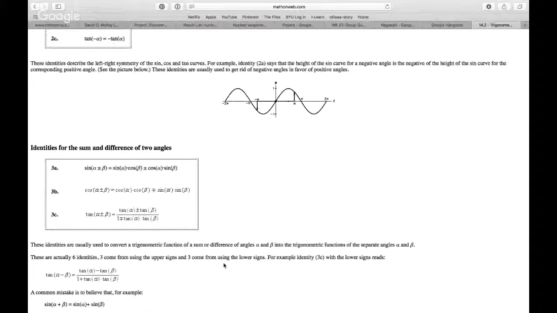I can't imagine she means, because this identity is for sums and differences of two angles, that she wants us to make this equation. It's like cosine of x plus or minus some fancy looking b, which I don't remember what that means, equals cosine of x times cosine of b plus or minus sine of x times sine of b.